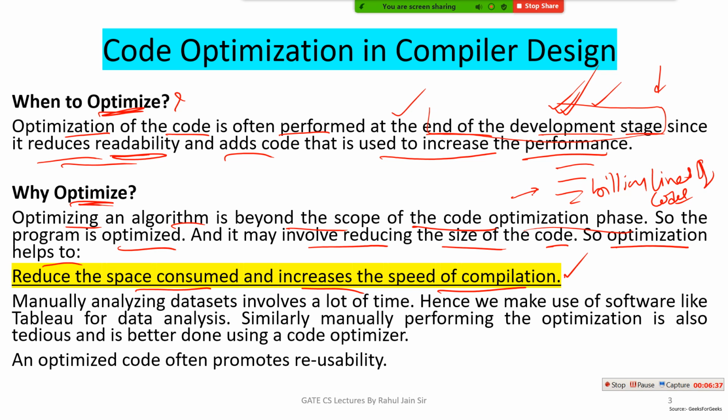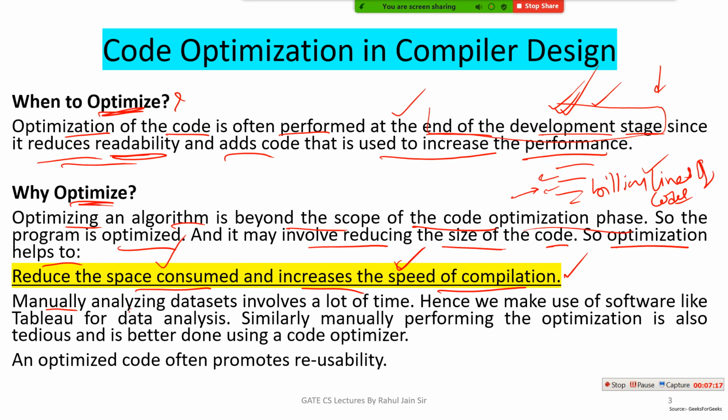So there is a great need that the lines which are dead lines, lines that are not of use, lines which are unnecessarily used, or unnecessary comments or unnecessary coding which we have written in our program, which is not a part of our project, should always be removed, so that we can save space in memory, and we can overall increase the speed of compilation. That is why optimization is needed, to increase the efficiency of our code.